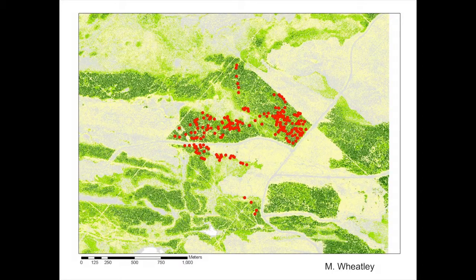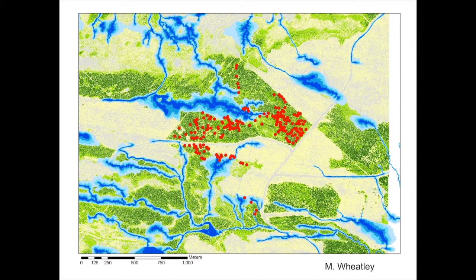This is the LiDAR map showing different classes or heights of vegetation, and the darker the color, the taller the tree. So in this case, you can see that the northern flying squirrels are really associated with those taller trees and are avoiding the grassland as well as the shrubby areas. When you superimpose the wet areas mapping, you can see that the northern flying squirrels are essentially avoiding the areas that are wet.